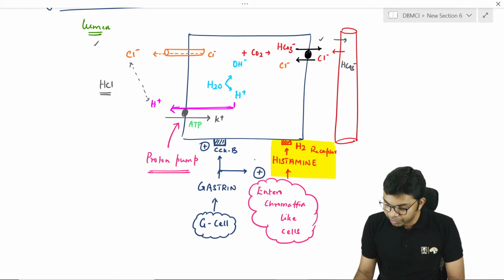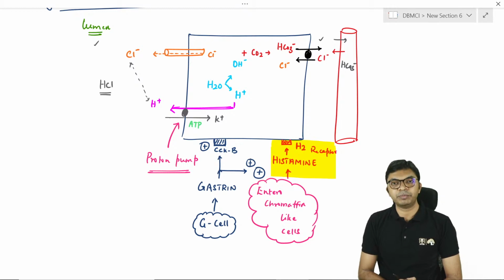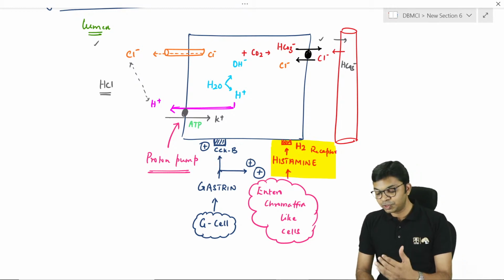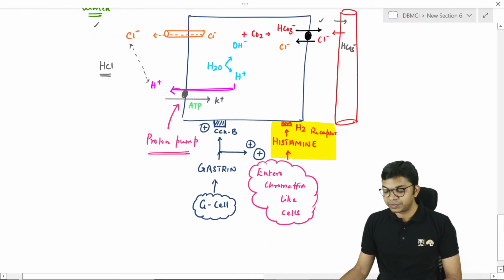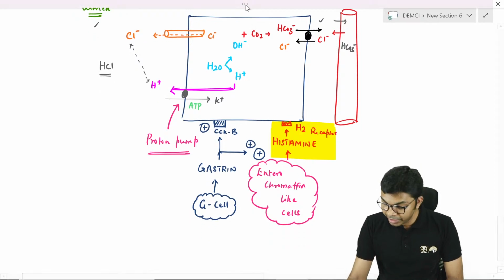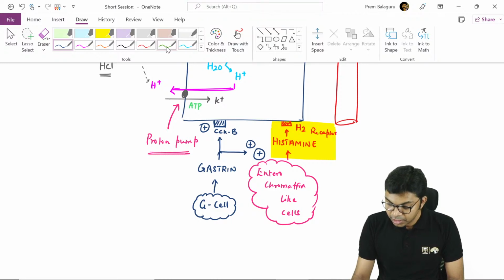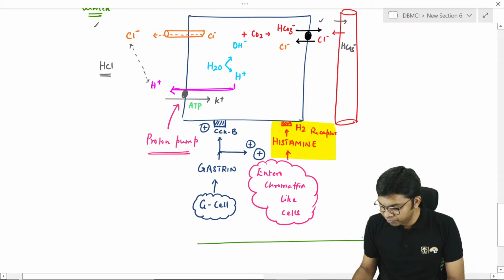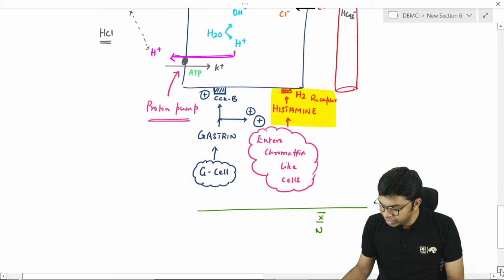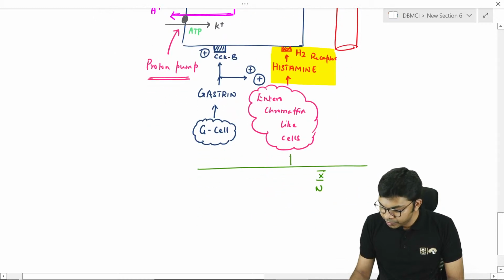Out of these two mechanisms, the most predominant mechanism of action of gastrin is activating ECL cells to release histamine. Now, the enterochromaffin-like cells are activated not only by gastrin coming from G cells, but also by the vagus nerve. The 10th cranial nerve, the vagus nerve, is going to activate enterochromaffin-like cells through the neurotransmitter acetylcholine.